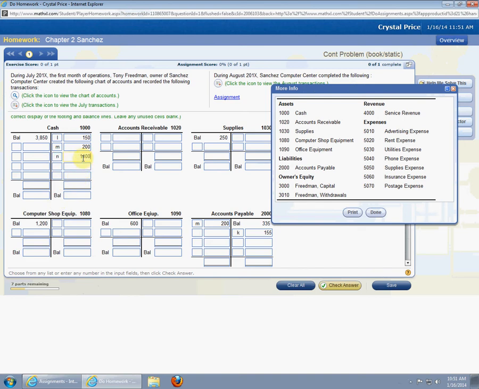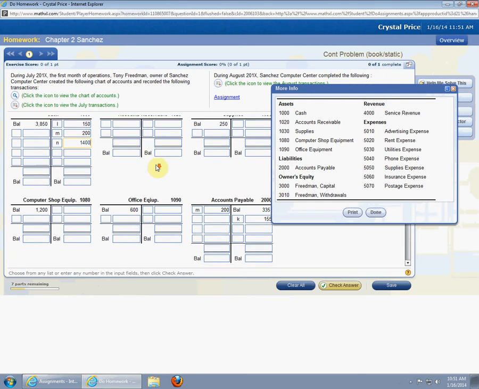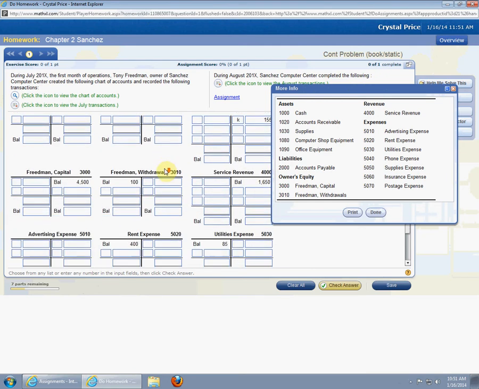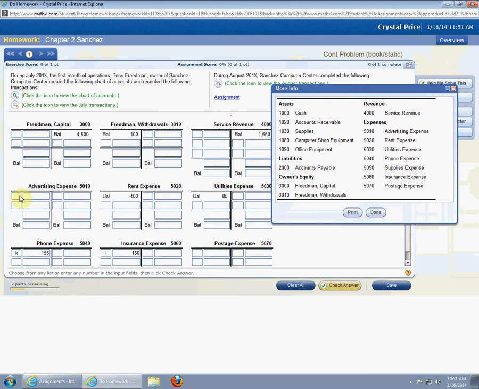You don't have to put the comma in or anything. And we're going to go to our advertising expense and debit it 1,400. We have a debit and we have a credit.